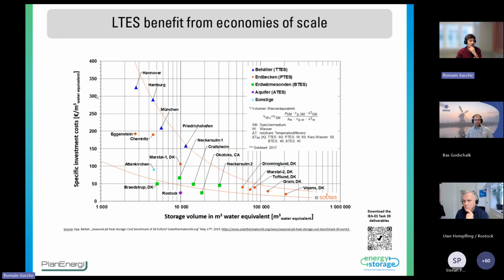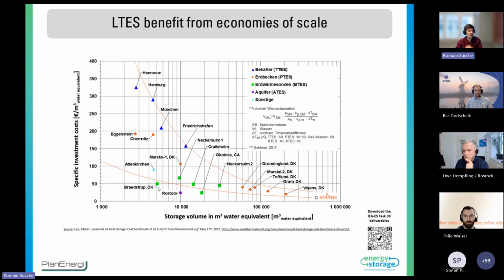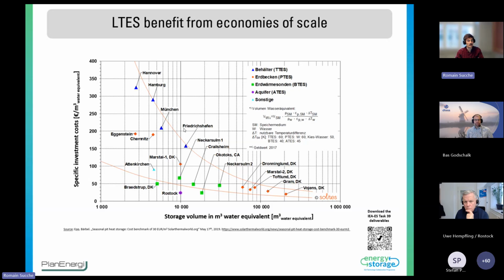For example, it is much higher for the TTES, although TTES can only be built for smaller volumes, usually less than 50 or 60 thousand cubic meters, while PTES can usually reach lower specific costs, which is also thanks to the fact that they can reach very high volumes.